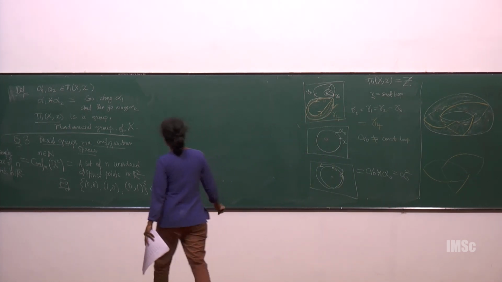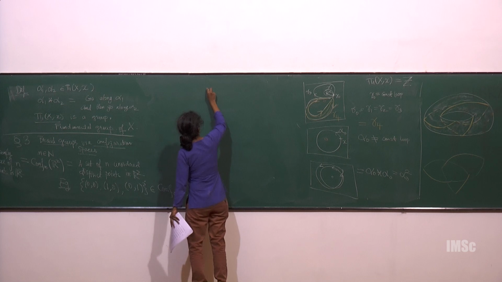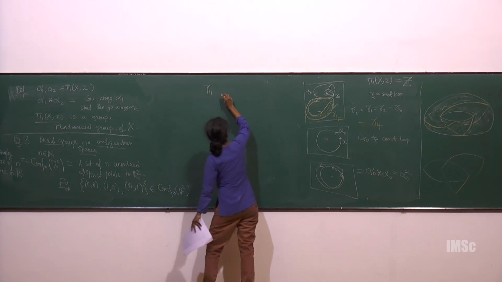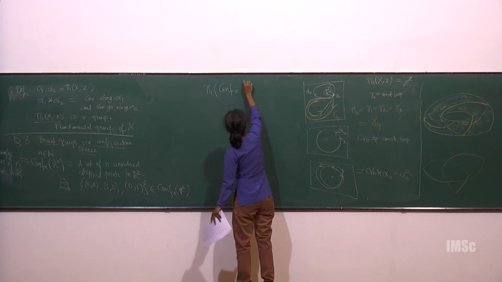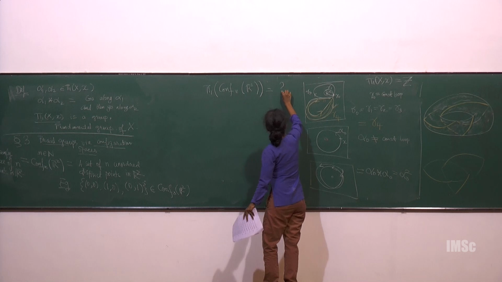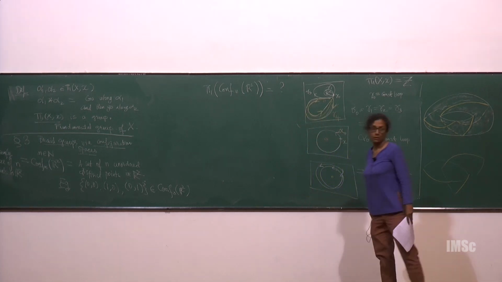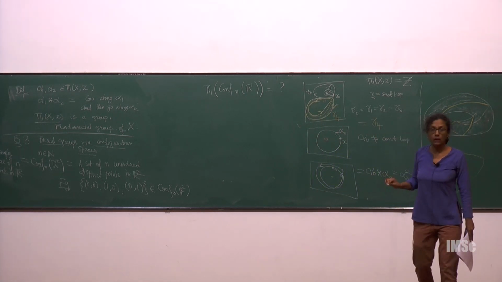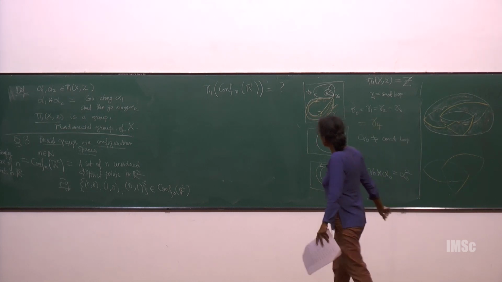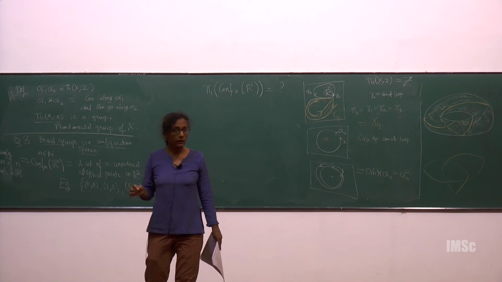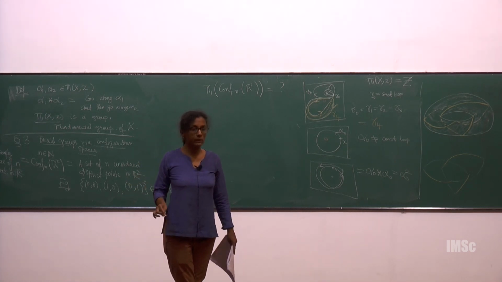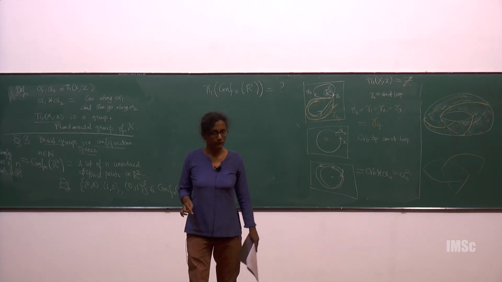Now, we are going to look at what is the pi1 of Conf_n(R2). Okay, so recall that for pi1, we have to choose a base point and we have to look at loops starting and ending at that point.